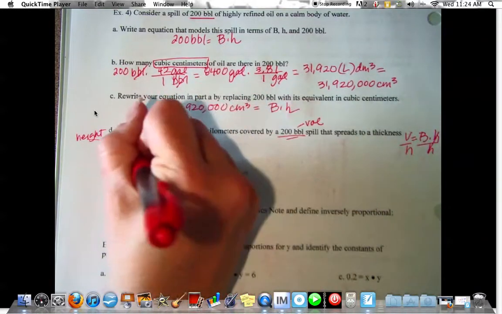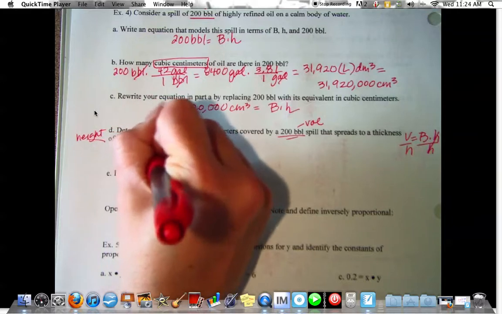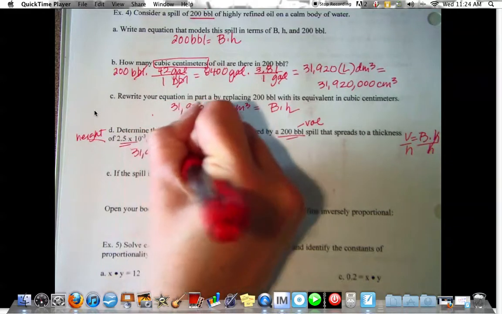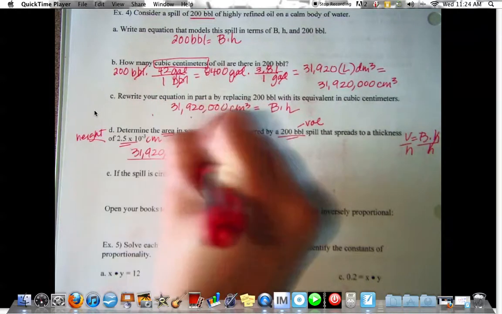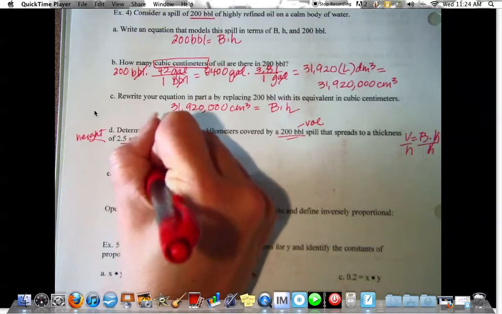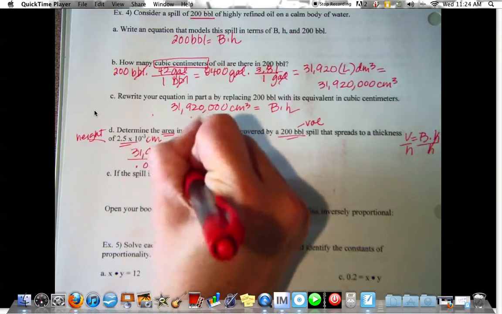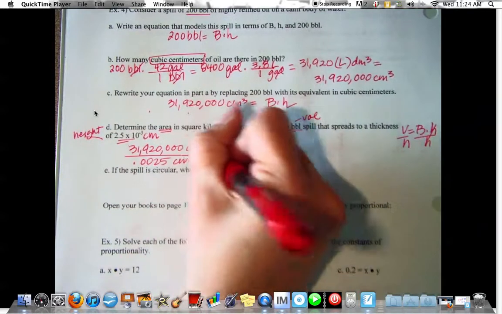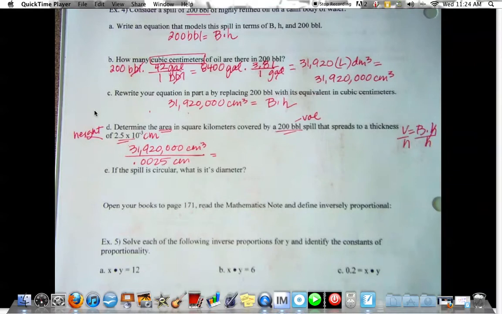So we have 31,920,000 cubic centimeters divided by 0.0025 centimeters. In your calculator, it gives you 1.2768 times 10 to the 10th.